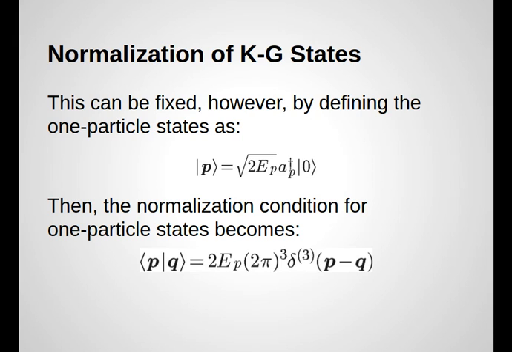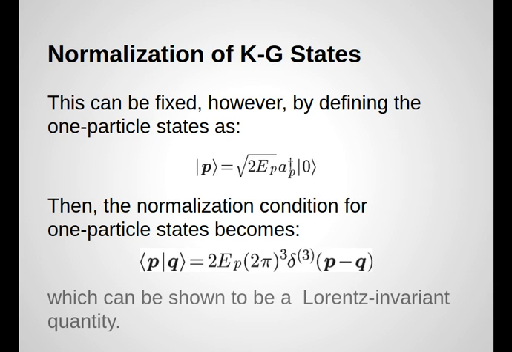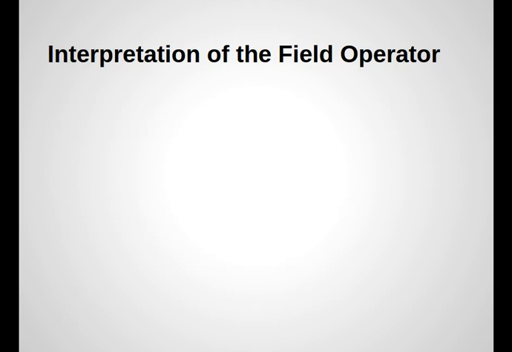Okay? So now that you have your single particle states correctly normalized, you can go off and compute whatever observables you want and know that you're doing things correctly because you're Lorentz invariant from the beginning. Okay? Like I said, that can be shown, and anytime I say that can be shown, it sounds like a really awesome homework problem.